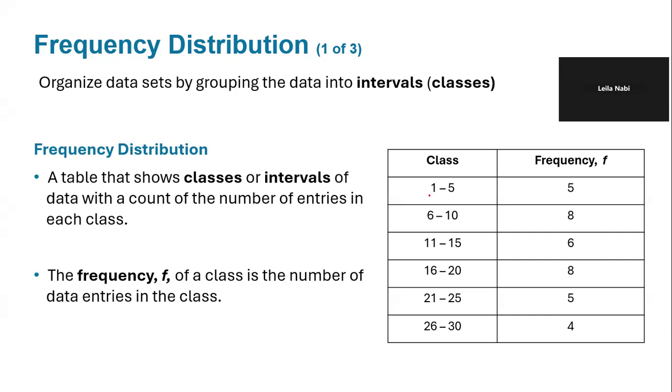The classes show the data values from 1 to 5, 6 to 10, 11 to 15, 16 to 20, and we have the frequency for each of them as well.